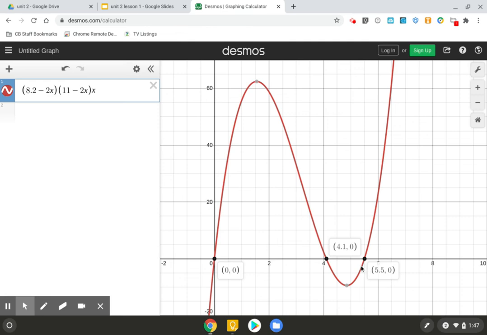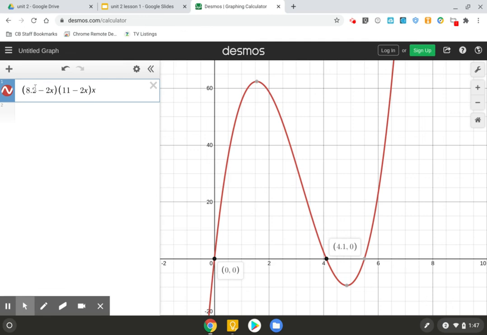It crosses the x-axis at 3 points. So I'm looking for the 2 x-intercepts where it's completely positive between them. It can't be these 2 because the graph is negative between them. So it's got to be these 2. Notice the graph is completely positive between these 2.